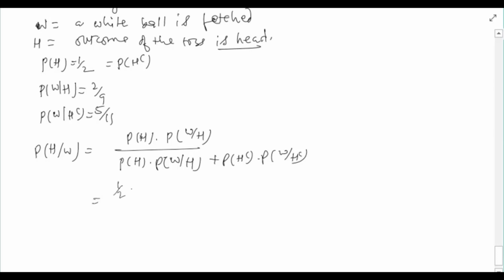This will be 1 by 2 into 2 by 9 divided by 1 by 2 into 2 by 9 plus 1 by 2 into 5 by 11, and on simplifying we get 22 by 67. Okay, so this is an illustration of Bayes rule.